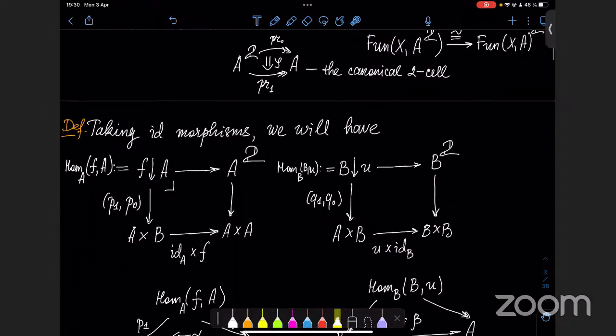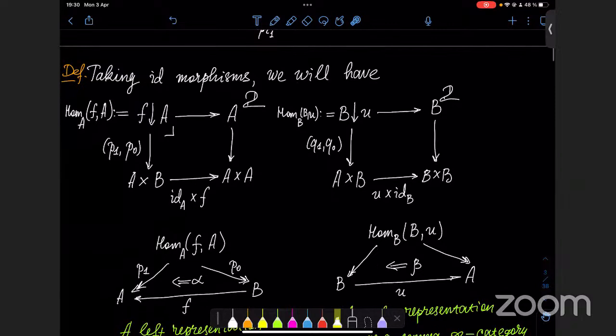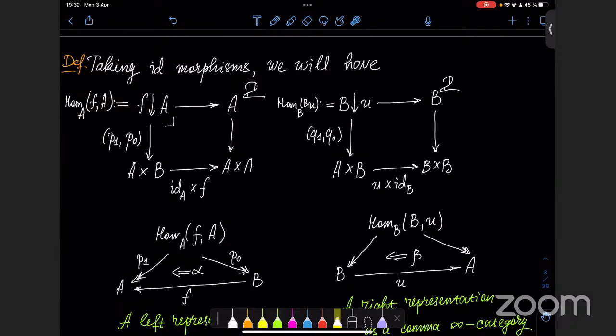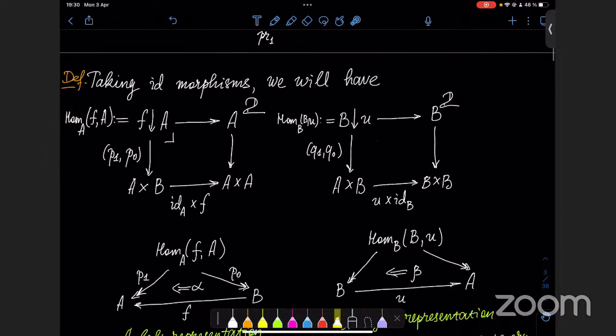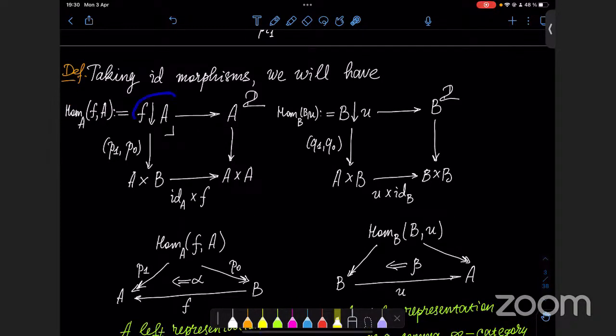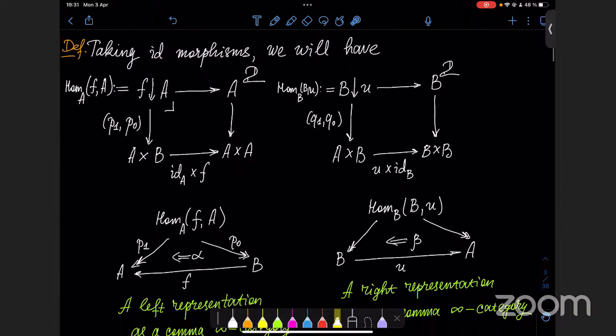So the next definition: we can take an identity morphism in this case, and we will denote as hom from F to A the case when the morphism G is replaced by the identity morphism on A. This is just a particular case of the first construction.